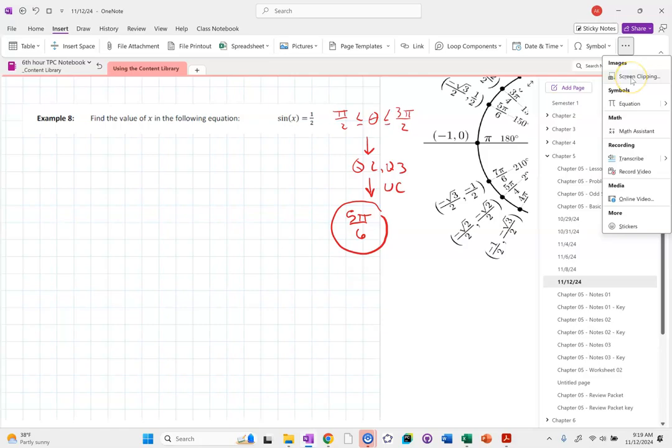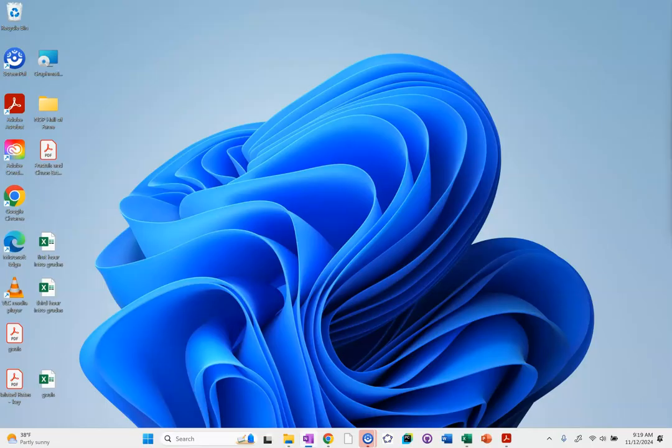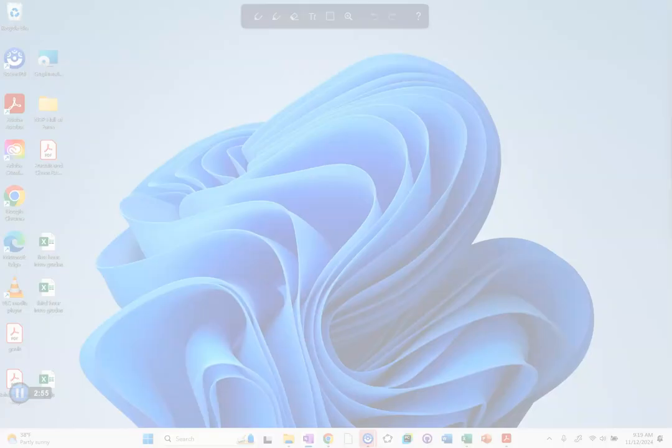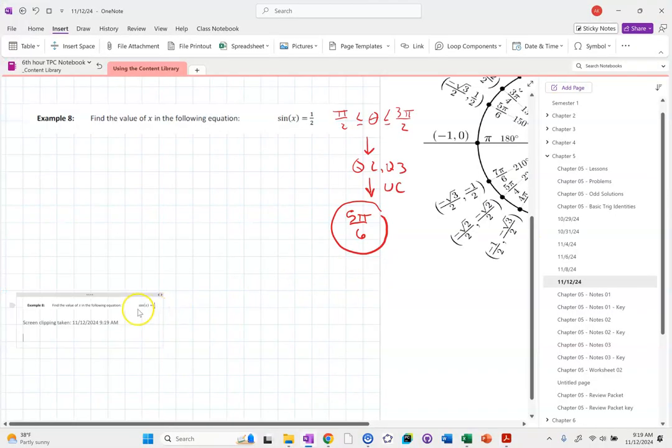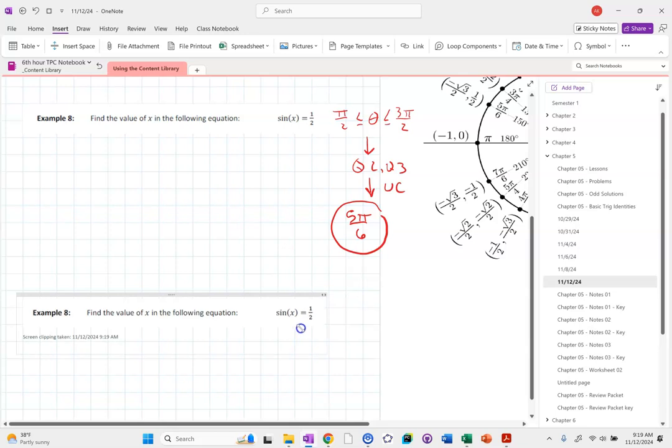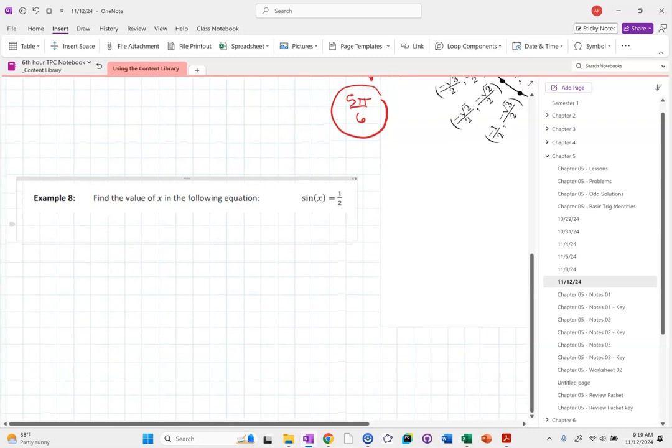What we're going to do here in chapter 5 is take this same kind of question, but what if we don't give an interval?